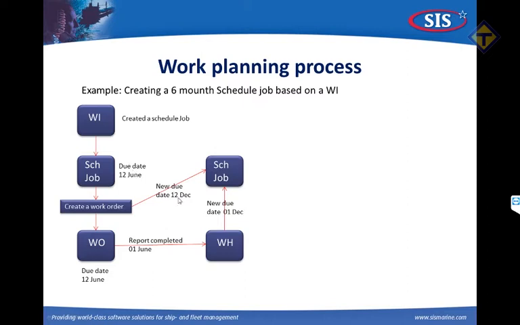So you see, 12th of December, and my work order still remains here with due date 12th of June. Once I complete that, I create a report of this work order, and I say the due date is the 12th of June, but I report that I completed it on the 1st of June. So when I move this work order to the history, automatically it updates the next due date for the scheduled job.